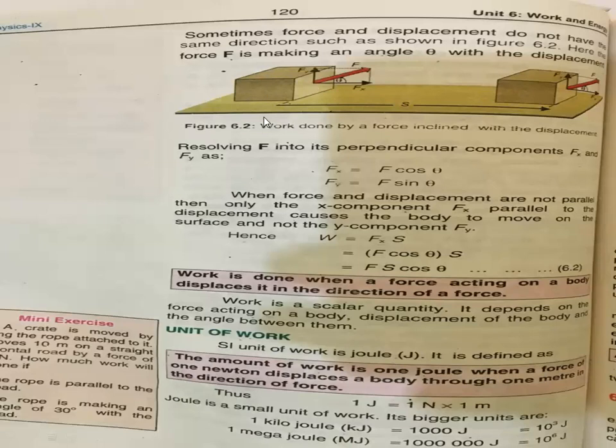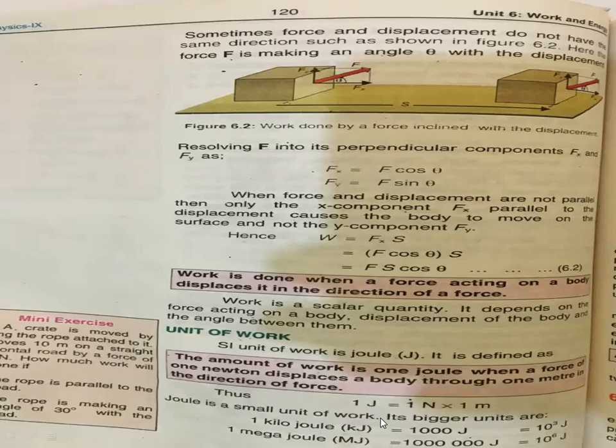We can write this definition here: 1 joule is equal to 1 Newton times 1 meter. If we apply a force of 1 Newton and the body covers 1 meter displacement in the direction of force, then our work will be 1 joule.